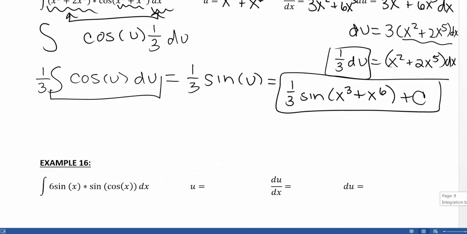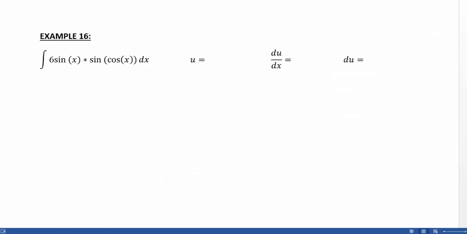Let's try one more. Here, we have to be a little bit careful about what we're seeing and what is the inside and outside function. Notice that we have a sine x here, and this is sine of cosine of x. So sine of cosine of x is the more complicated function, with sine being the outside function and cosine being the inside function.